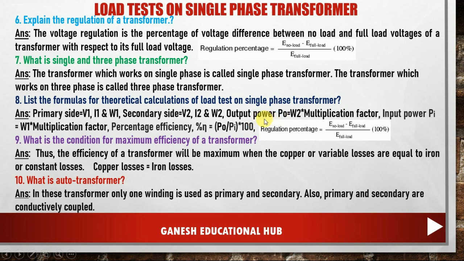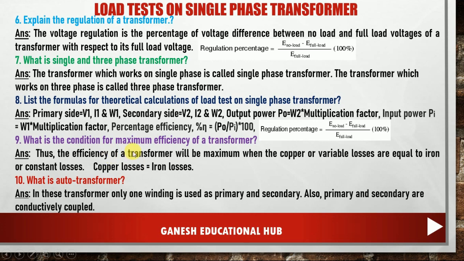Next, output power, represented by Po, equals W2 into multiplication factor. Input power, Pi, equals W1 into multiplication factor. Percentage efficiency equals output power by input power into 100. Next, regulation percentage equals no load voltage minus full load voltage by full load voltage into 100.